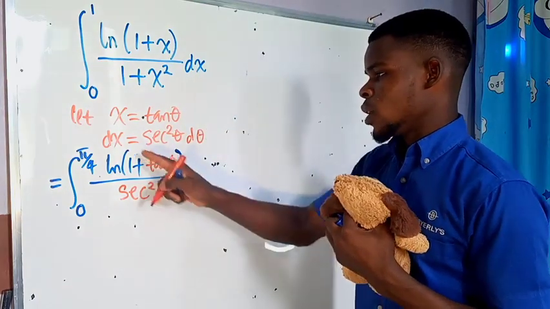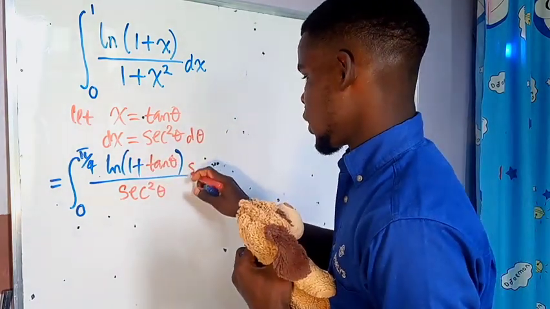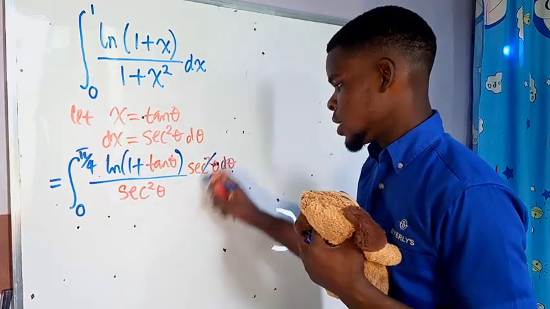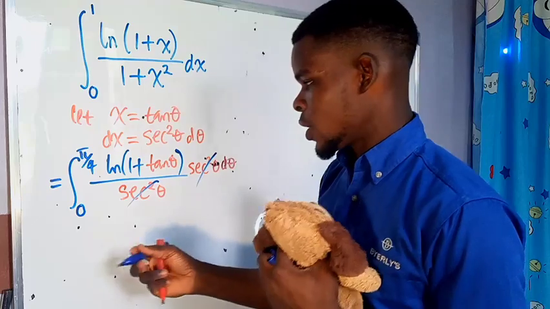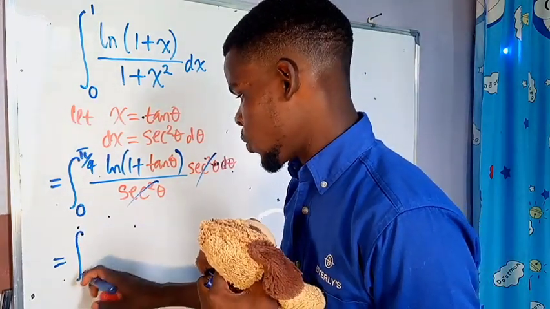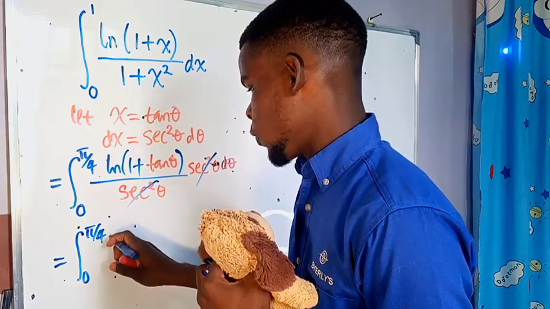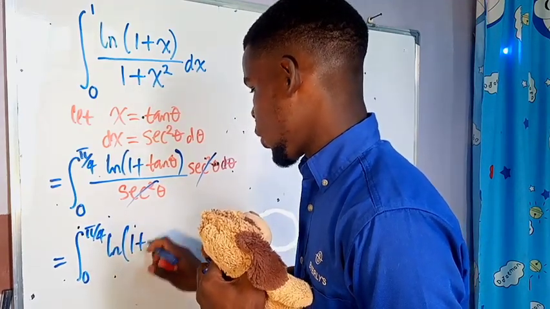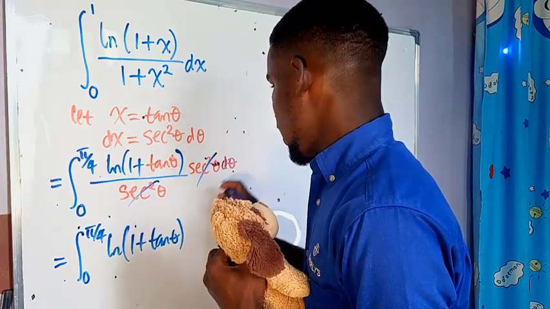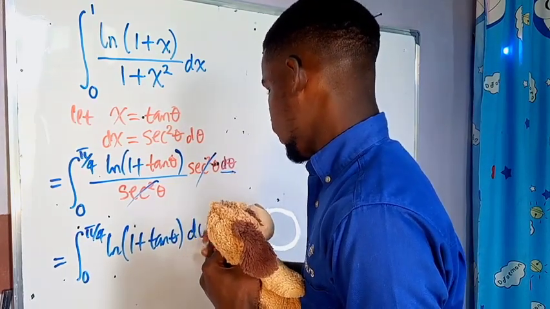Then the dx is secant squared of theta d theta. As you can see, this and that will cancel. So we are going to have the integral from 0 to pi over 4 of just the natural logarithm of 1 plus tangent of theta, d theta.